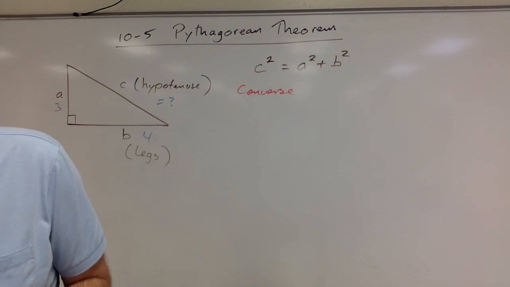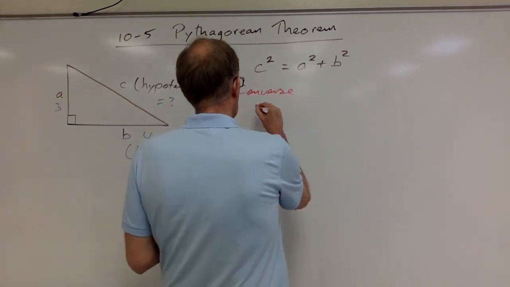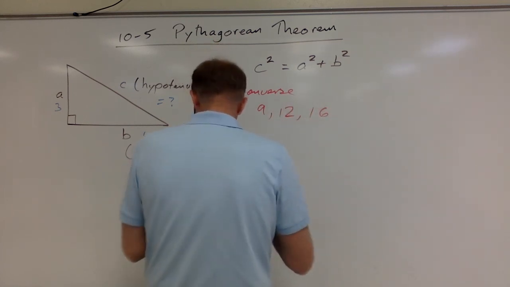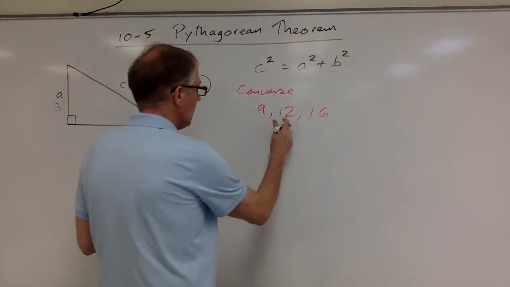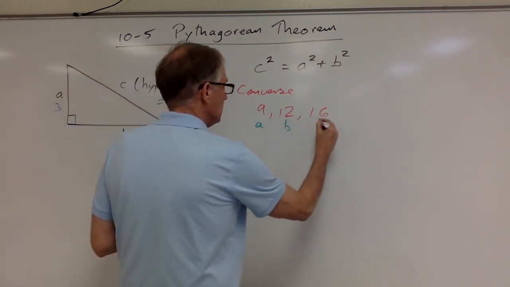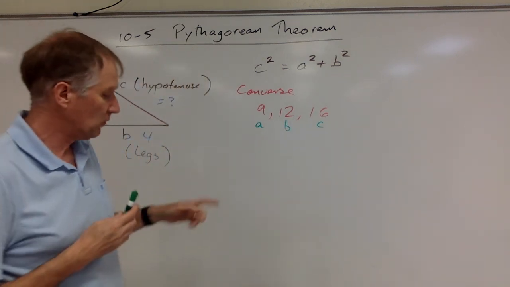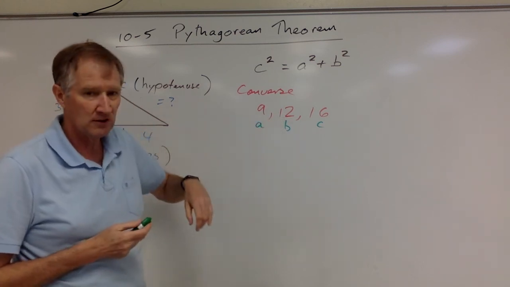So here's an example out of the book where we have 9, 12, and 16. Remember that C has to be the longest side. So we'll make those A, B, and C. What we're going to do is check whether 9 squared plus 12 squared is equal to 16 squared.